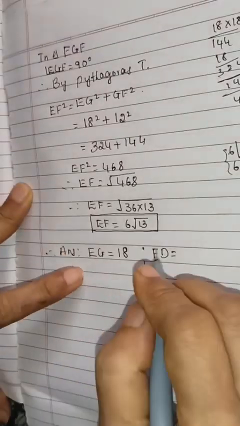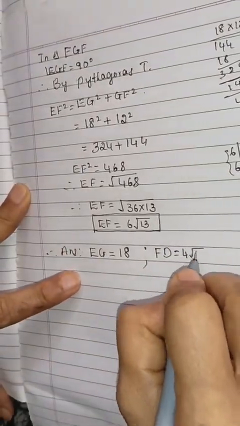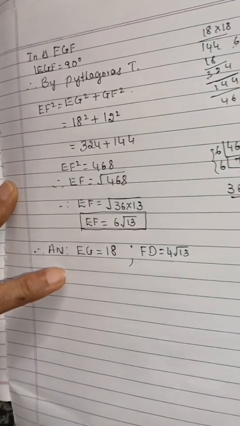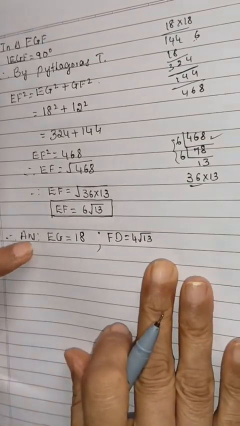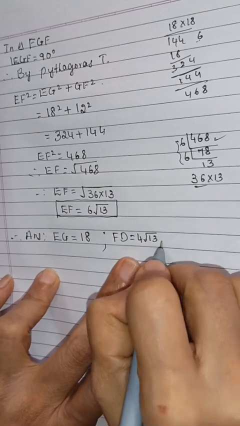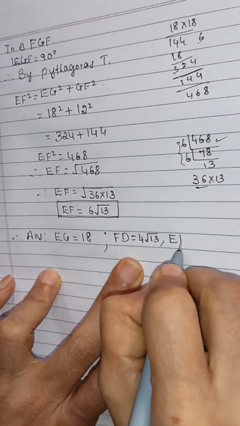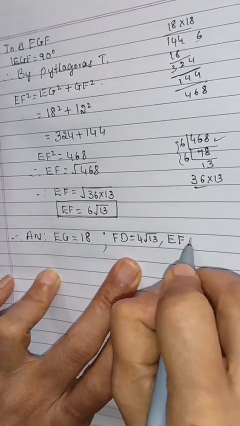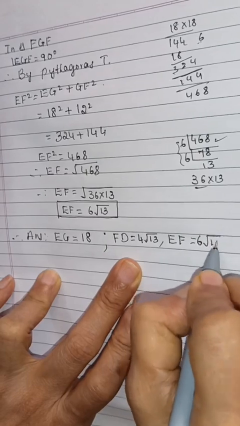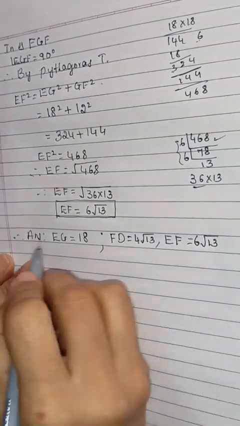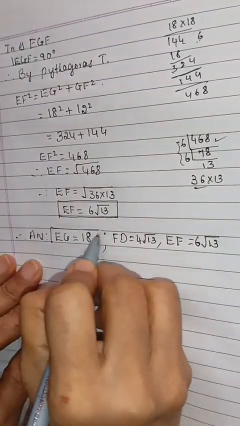FD is 4 root 13. And EF is 6 root 13. So this is the answer.